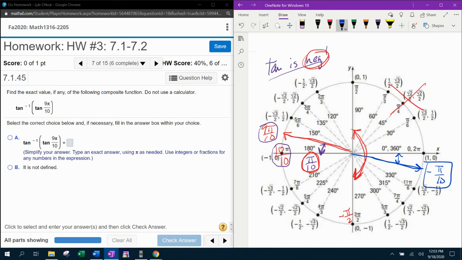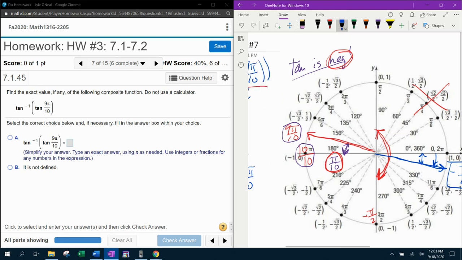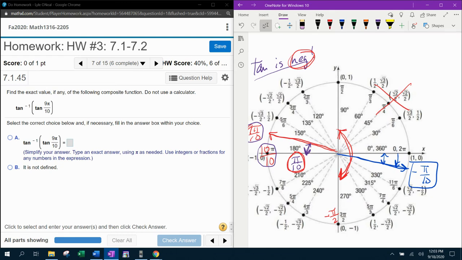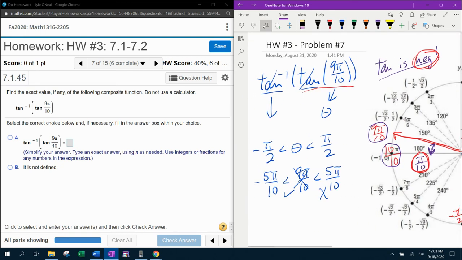Okay, remember in the fourth quadrant, if you go clockwise, angles are negative. Okay, so from negative pi over 2 to pi over 2, our equivalent reference angle that will have the same value as tangent of 9 pi over 10 is going to be tangent of negative pi over 10. Okay, so our answer to this problem is going to have to be negative pi over 10.